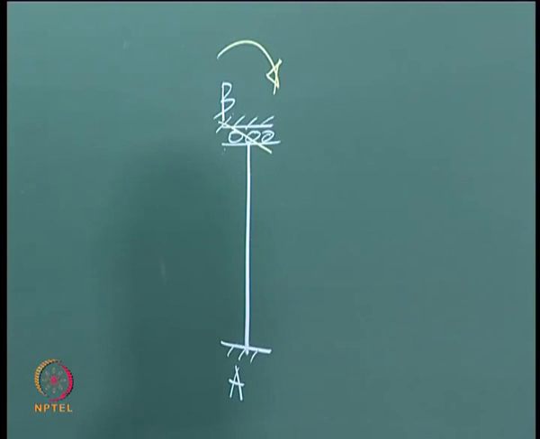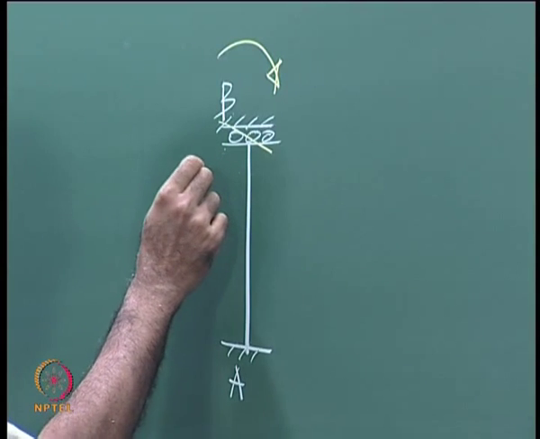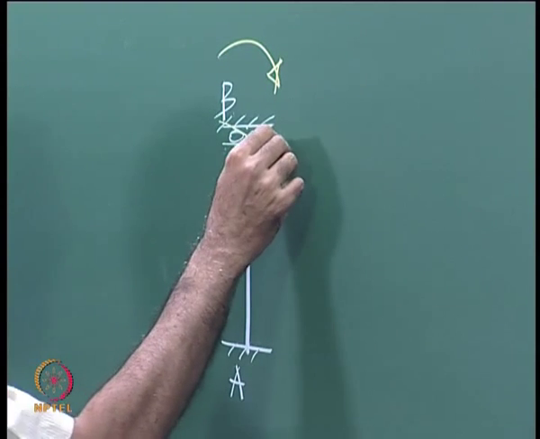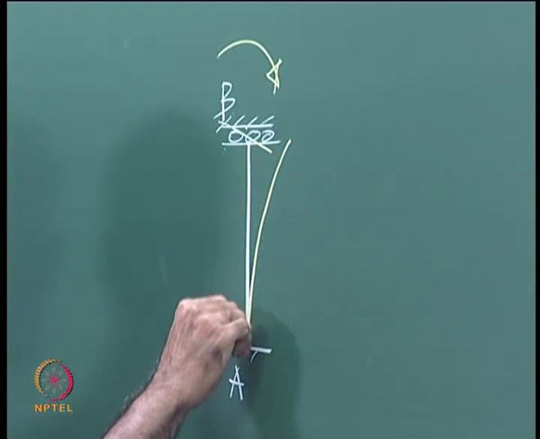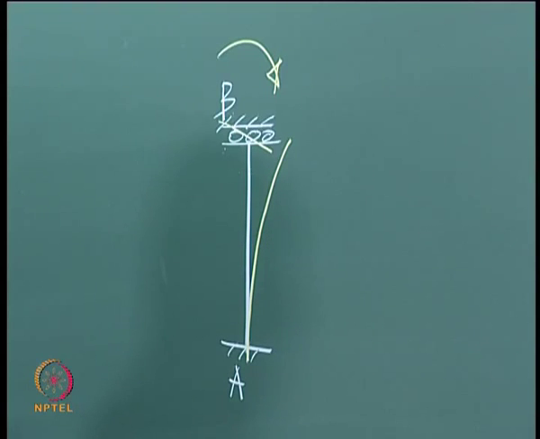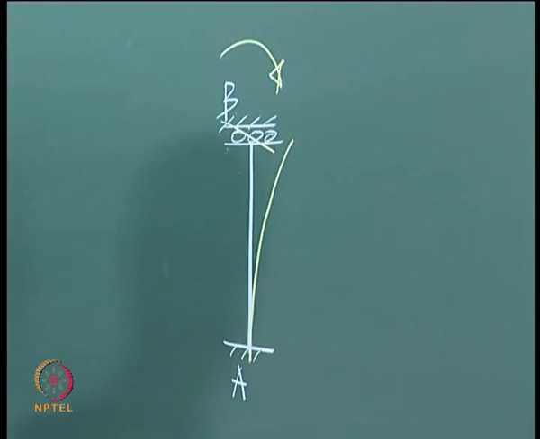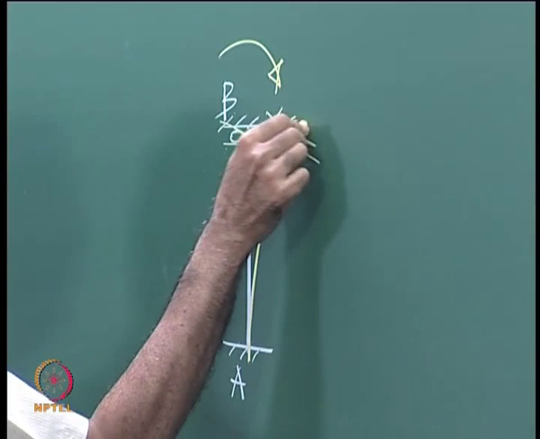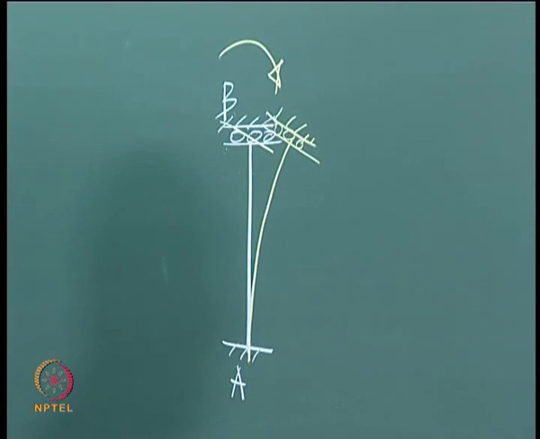You will get the moment as a reaction. So if you let this rotate, it is like releasing the rotational fixity. How is it going to deflect? It is going to deflect like this, like a cantilever, right? It is going to deflect like a cantilever, and you will have your guided roller support here. This is a rotational slip, right?